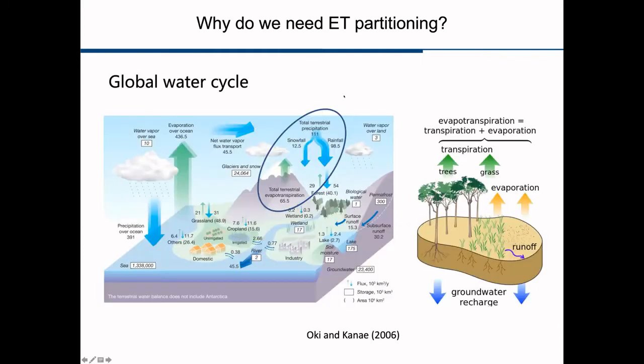Terrestrial evapotranspiration, ET, is a key component of the global water cycle. It includes plant transpiration and evaporation from canopy interception and soil water. To improve our understanding of these transpiration and evaporation processes, it's crucial to accurately estimate them at the ecosystem scale.